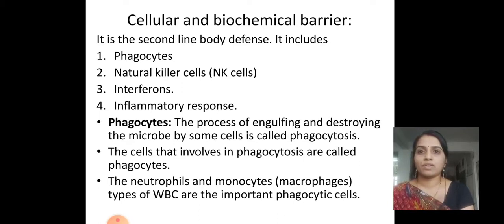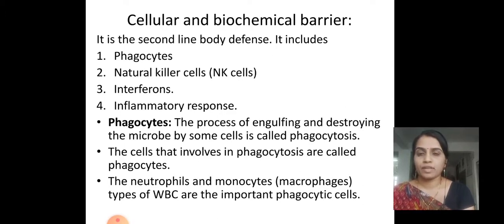The process of engulfing and destroying a microbe by a cell is called phagocytosis, and the cell is called a phagocyte. This is a defense mechanism. Whenever any foreign particle or microorganism tries to enter our body, or gets entry somehow, these cells get activated and try to trap the microorganism or foreign body so that no harm is caused by them.